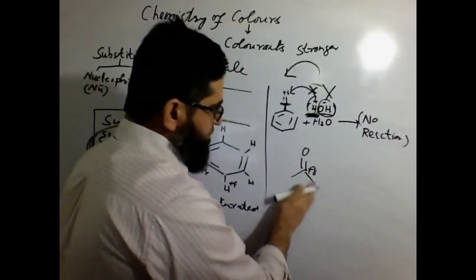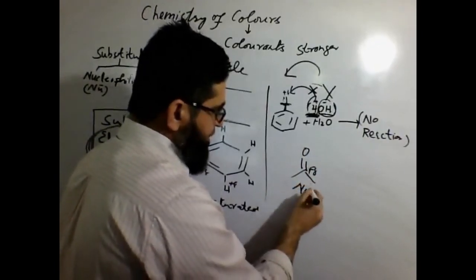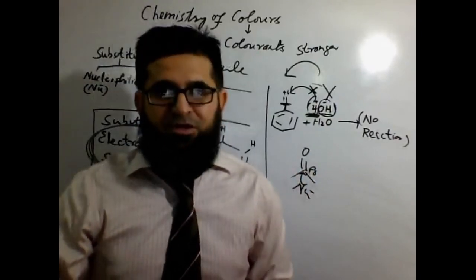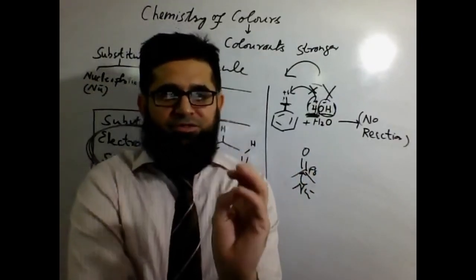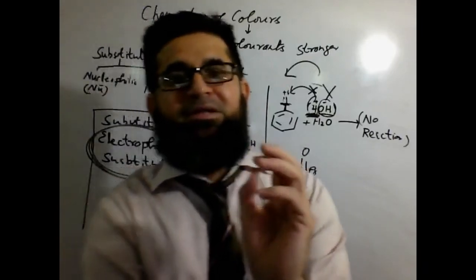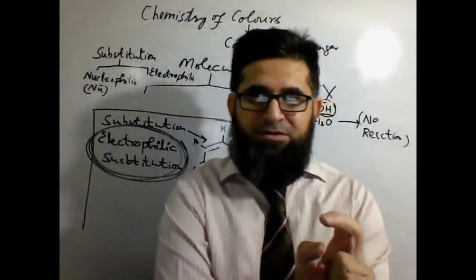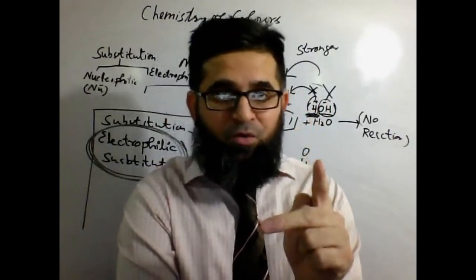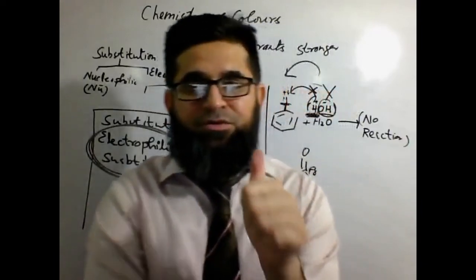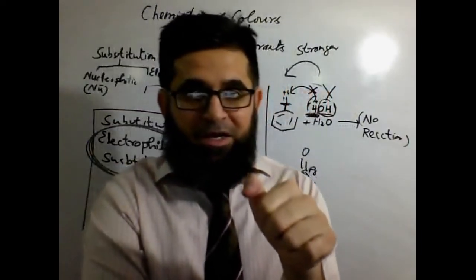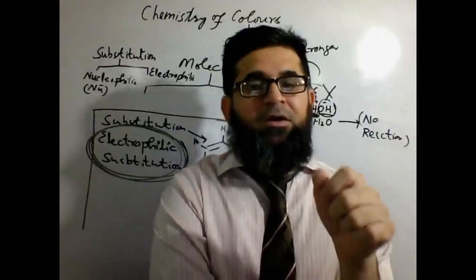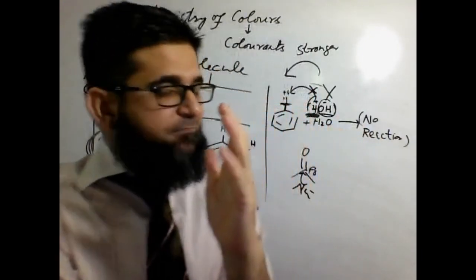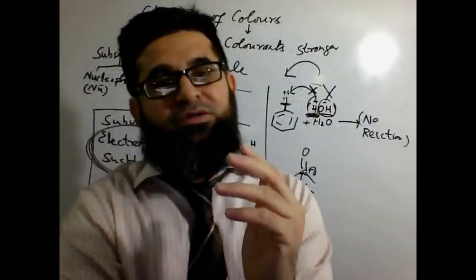So somebody having a negative charge, a nucleophile, can add on certain systems. So aldehydes and ketones undergo addition reactions, benzene undergoes substitution reactions, alkanes, alkyl halides, alcohols, the saturated ones, undergo substitution reactions. Alkanes undergo electrophilic, and alkyl halides and alcohols undergo nucleophilic substitution.